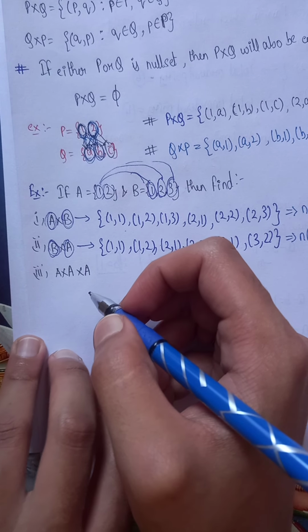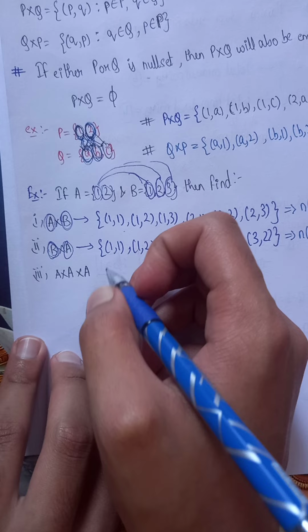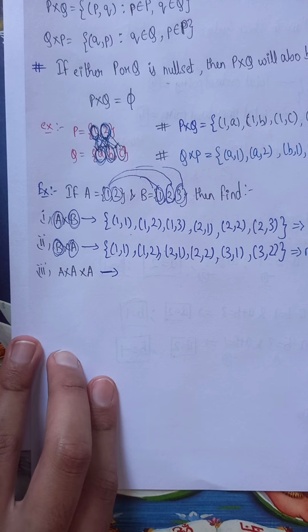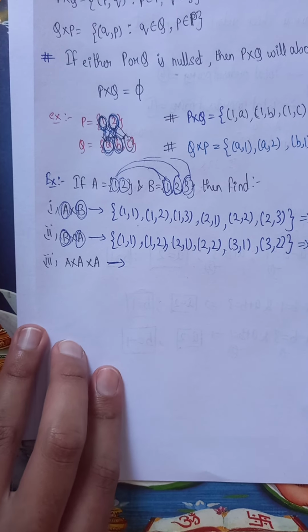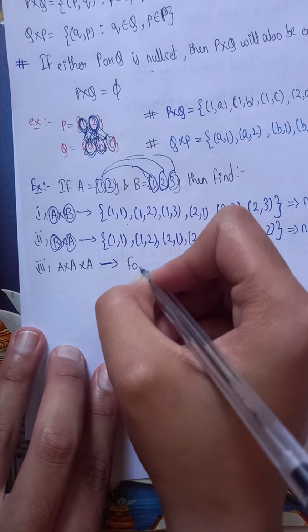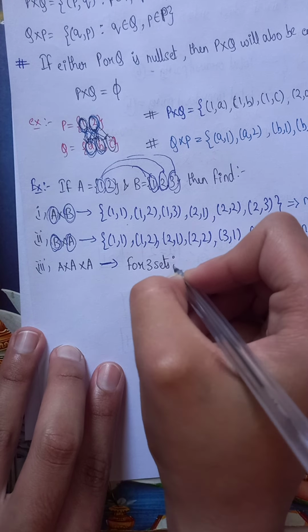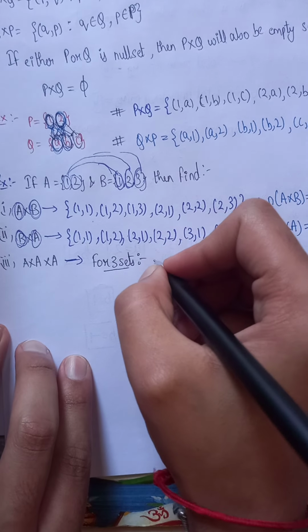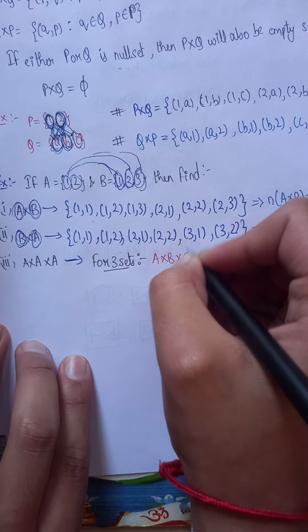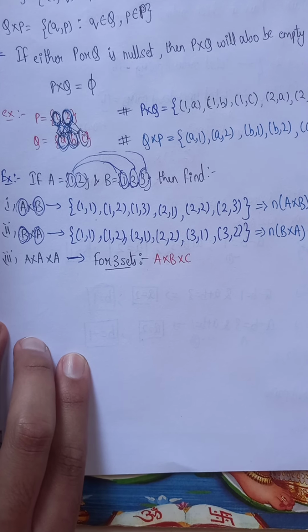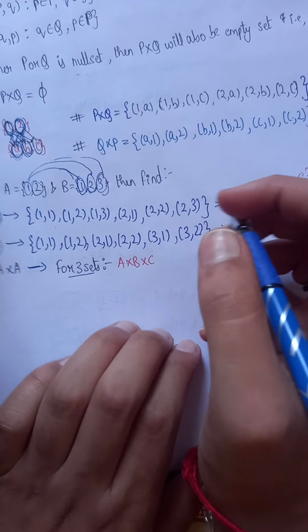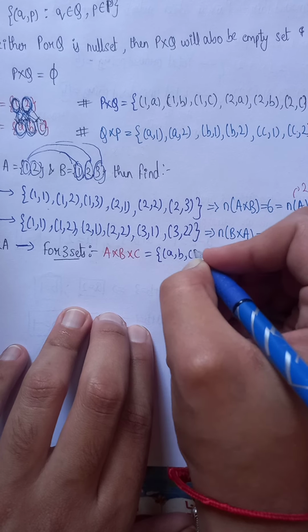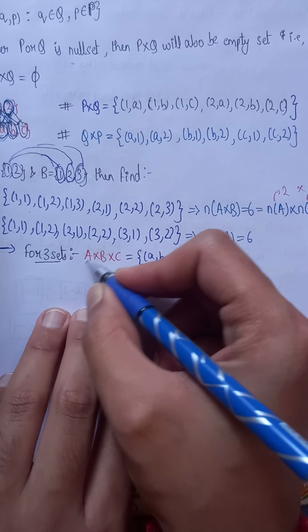Okay, so now let's move on to 3 sets, like A cross A cross A. How do you write A cross A cross A? This is for 3 sets, where suppose the set is A cross B cross C, this is equal to the triplets (a, b, c), such that we first write the elements.